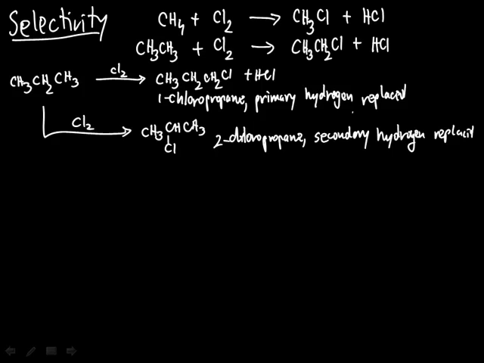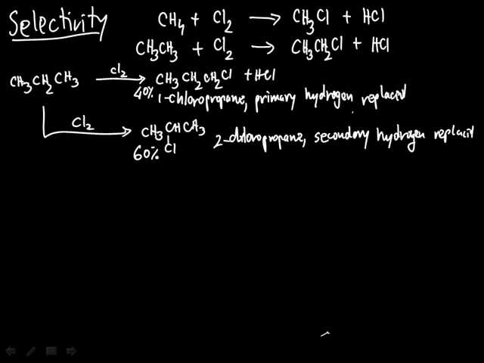And once this experiment is actually done, we notice that there is a 60% yield of 2-chloropropane and just 40% yield of 1-chloropropane. And so it seems like the propane is simply more reactive in the 2 position than in the 1 position.